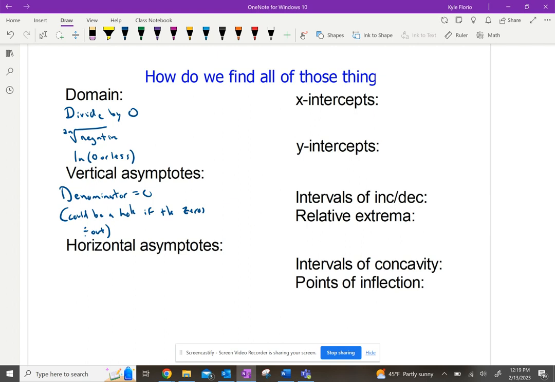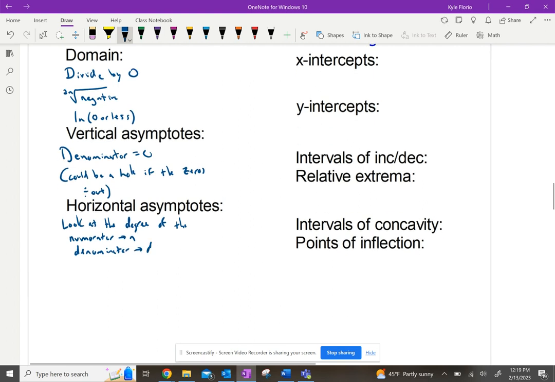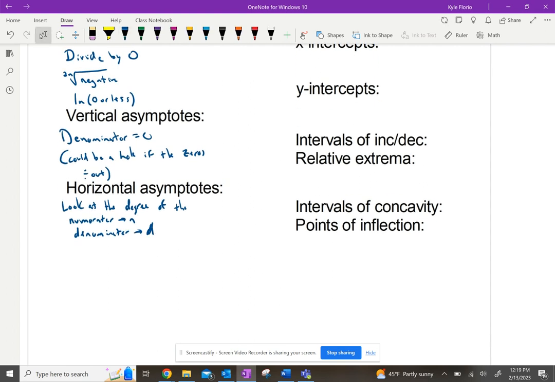All right, horizontal asymptotes. Just look at the degree of the numerator, which we'll call n, and the denominator, which I'll call d. If the degree on the top is bigger than the degree on the bottom, then there's no horizontal asymptote.